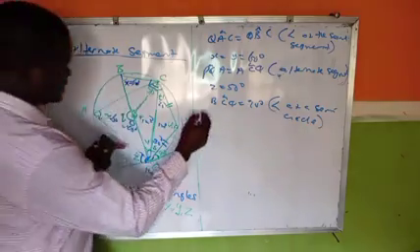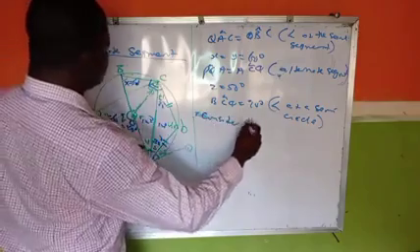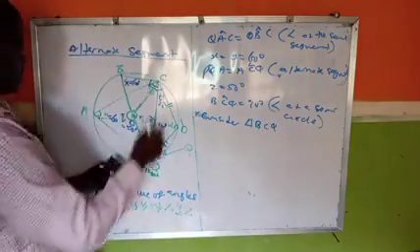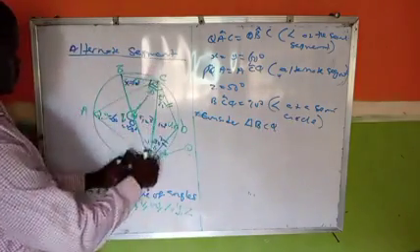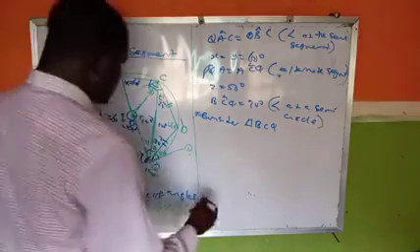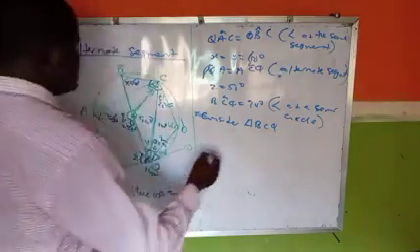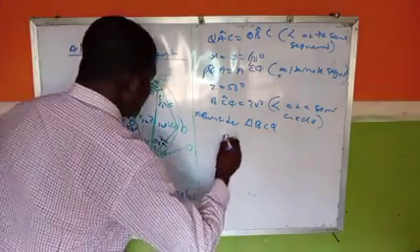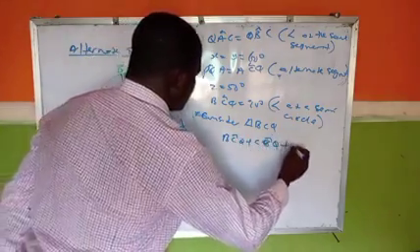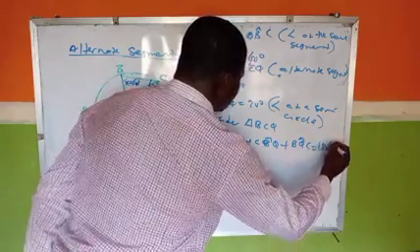So you can consider triangle BCQ. We want to get V. In triangle BCQ, angle BCQ plus angle CBQ plus angle BQC equals 180 degrees.